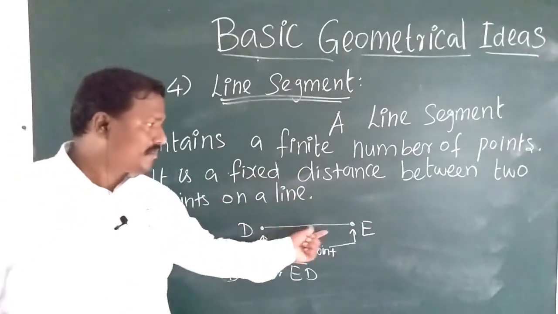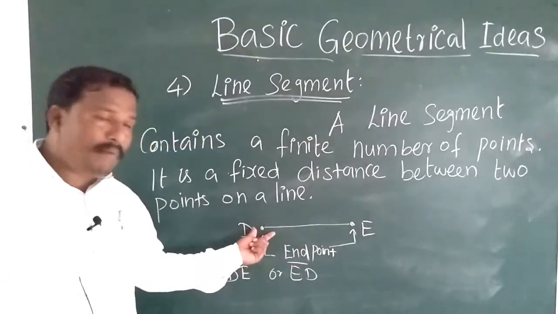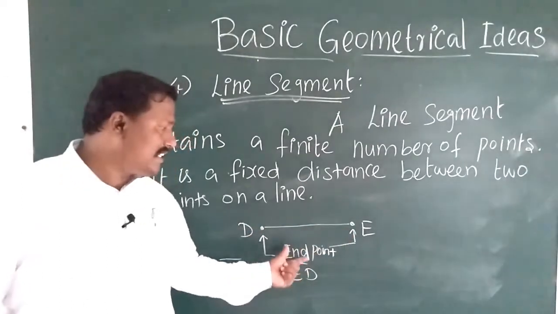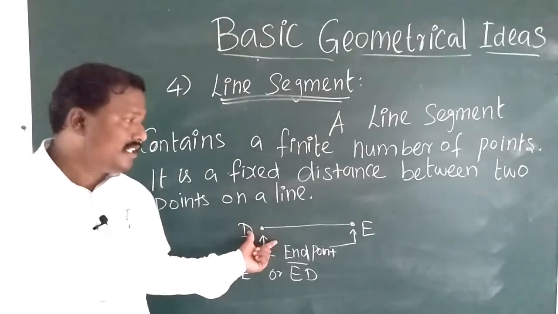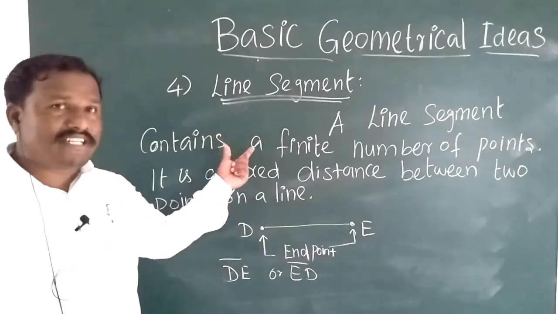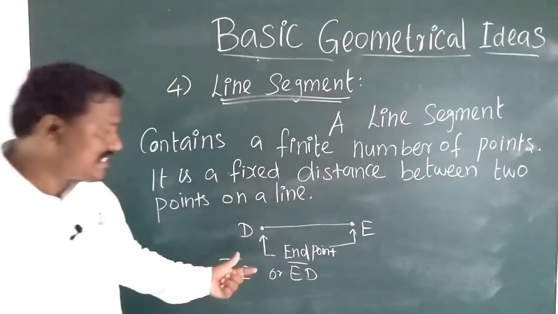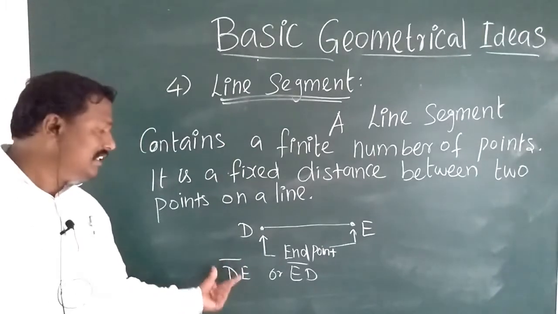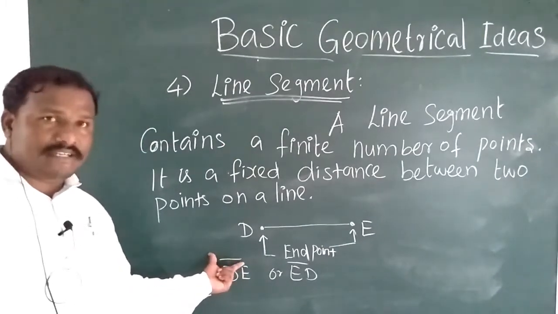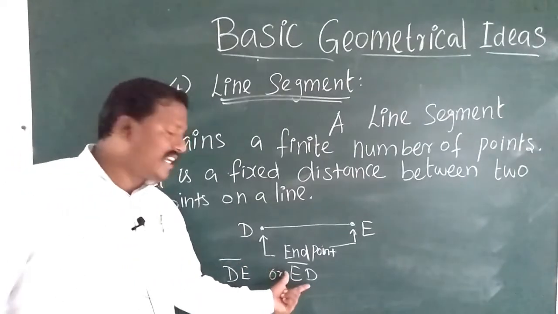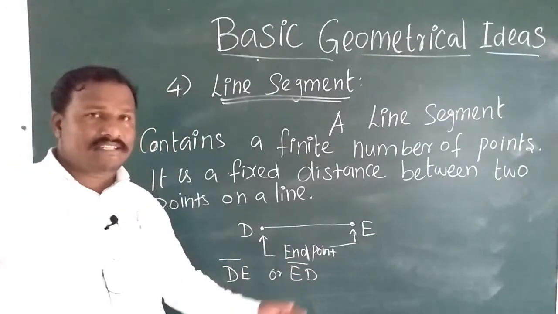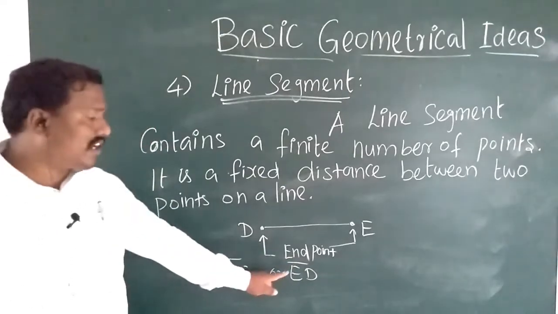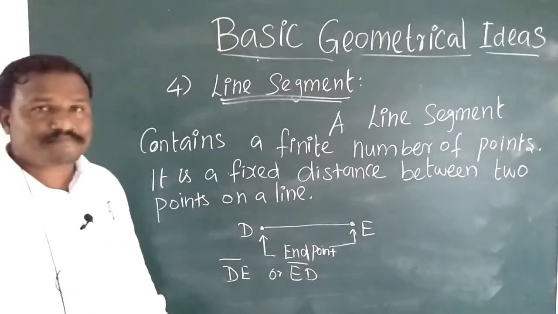The points D and E are the end points of the line. That's why we call it a line segment. We write DE with a line upside it, or ED with a line upside it.